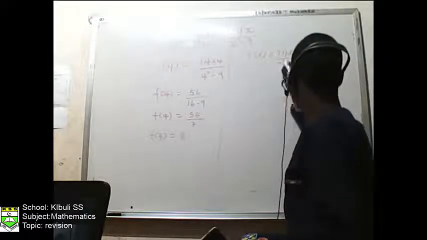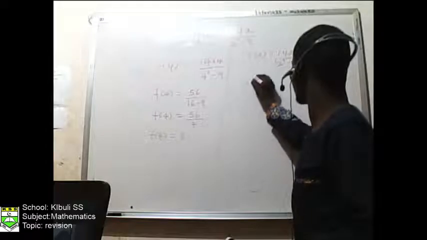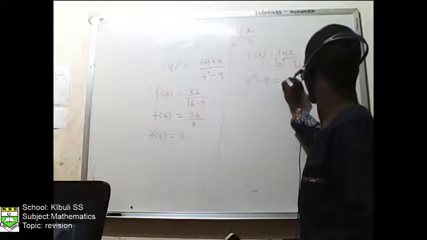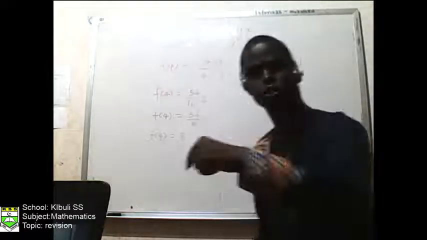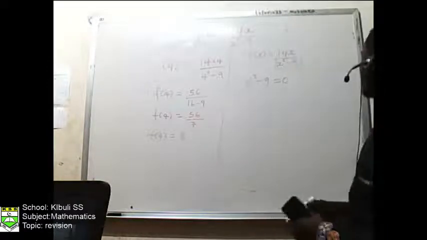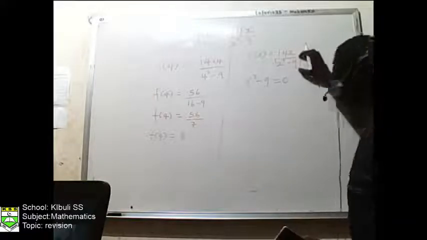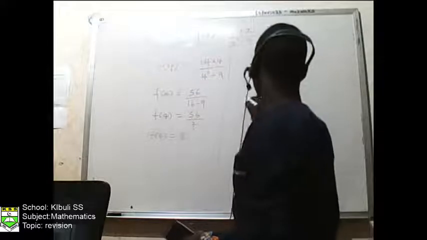What is the denominator in this case? It is x squared minus 9. Get it and say x squared minus 9 is equaling to 0. They always ask for the value of x if the function is meaningless, so just get the denominator. The other one, you don't need it. You just need to get out the denominator and you equate it to 0, such that you get x.